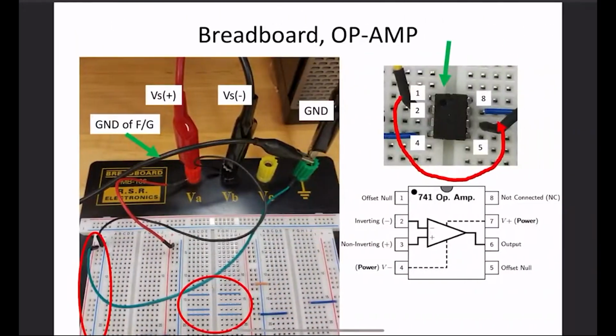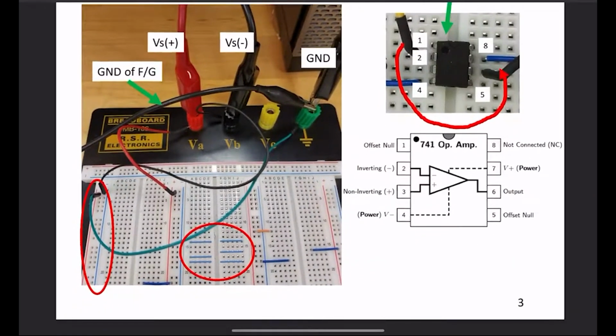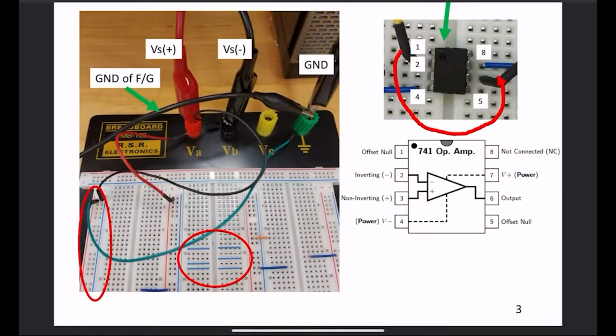So once you have made sure that the DC power is supplied, then you check how to build the circuit using the op-amps. So op-amps, you see here, it has a dot or a notch like these, okay? And that is the top side.